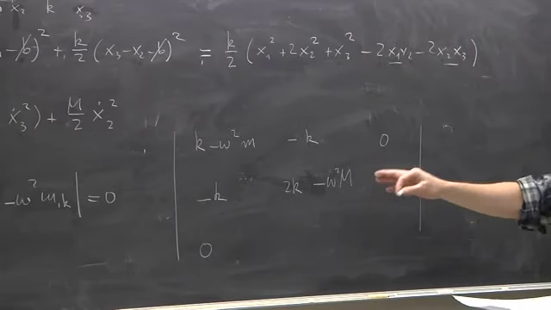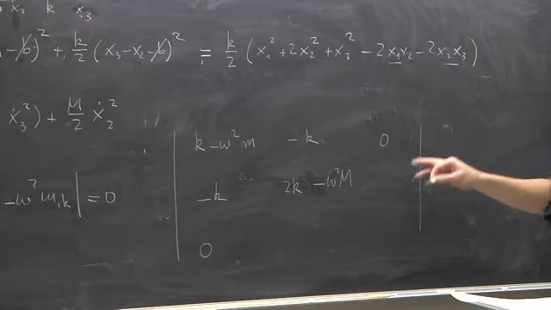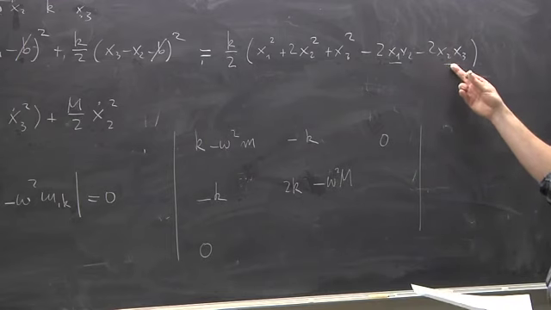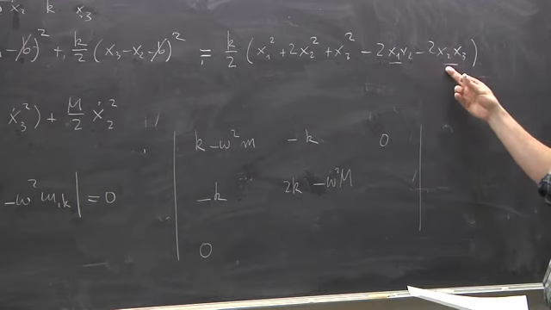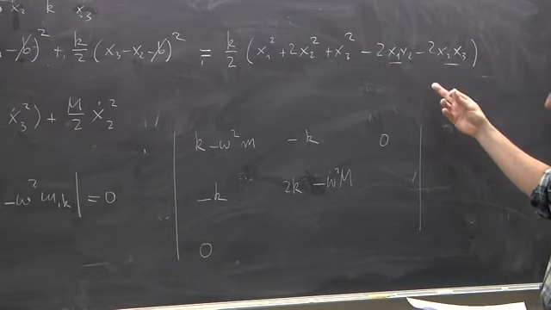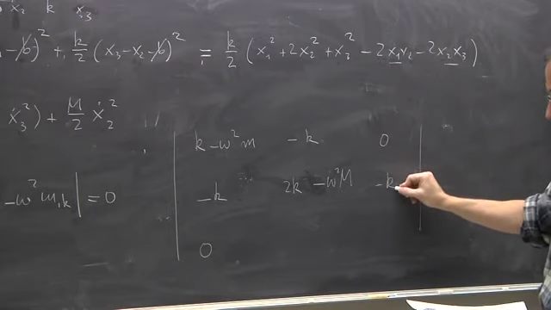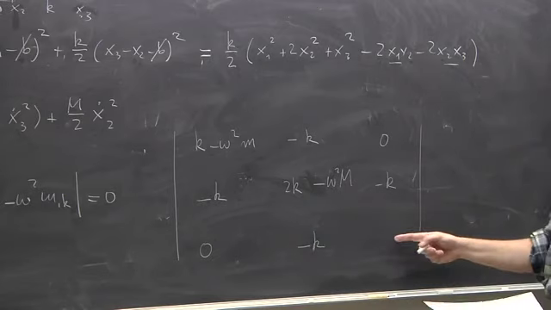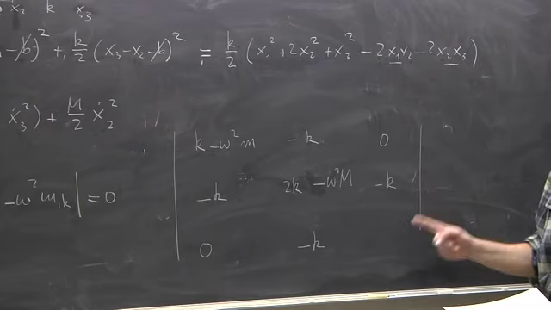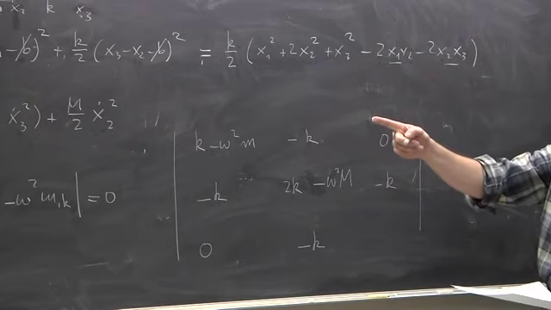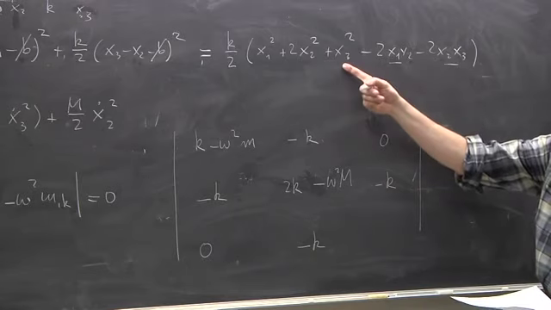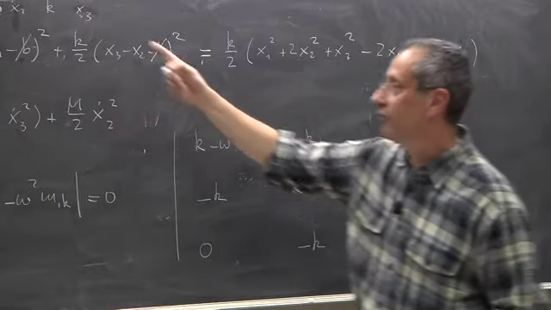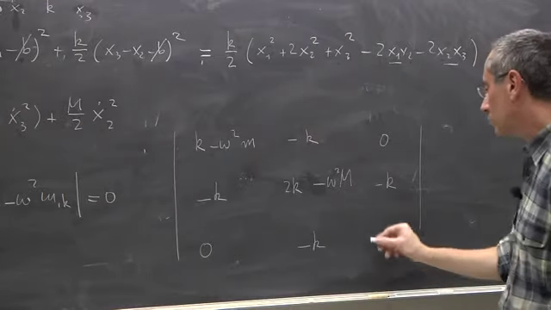How about 2,3? No kinetic energy because it's diagonal, but I do have this term here, and this gives me a K. Immediately I can put it here by symmetry. So I'm left only with 3,3. I have a kinetic term, and I also have a 3,3 here. These two are completely symmetric, so it's just equal to 1,1.